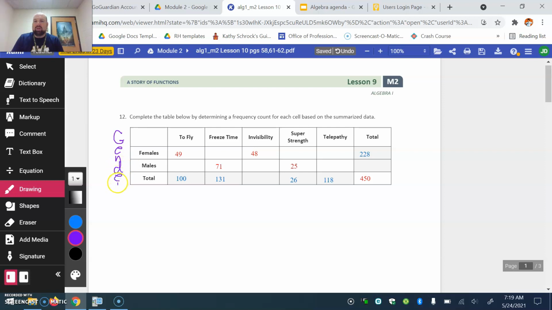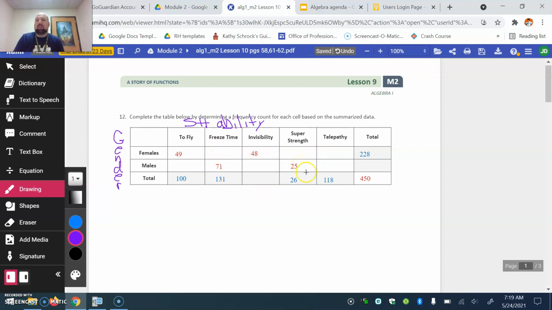And then going horizontally, we have these different superhero traits or abilities. Okay, so I'll just abbreviate superhero abilities. And then there is some data filled in, but not all the data.